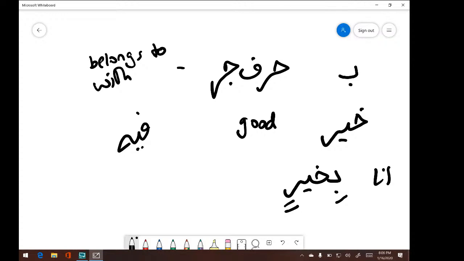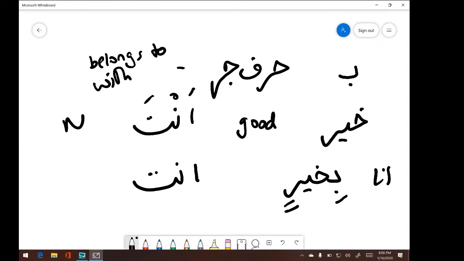Now, from this point onwards, one person translates two lines. Brother Abdullah. Anti, right? This is the feminine version of anta. So look over here on the board. Anta for masculine means you, and anti for feminine also means you.